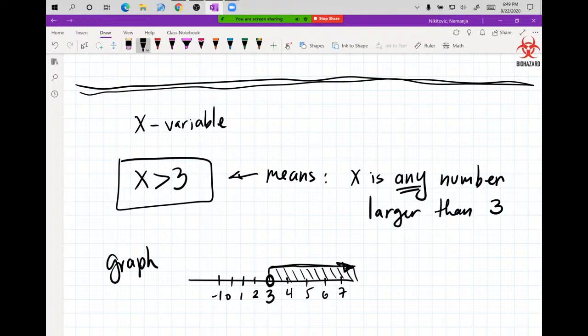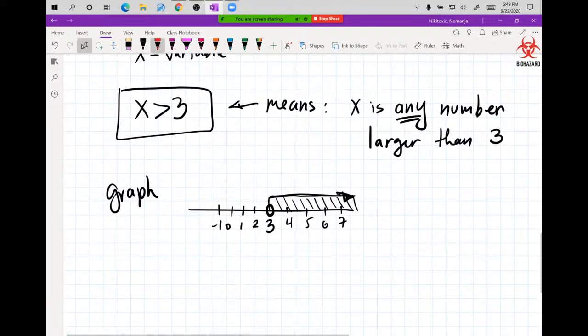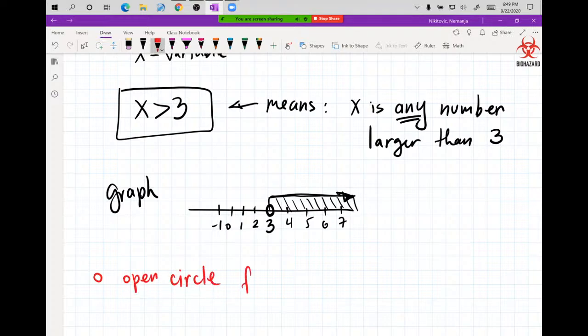And we have the open circle. I'll write that in blood over here. Open circle for less than and greater than, because the number 3 is not included in this. It's not equal.